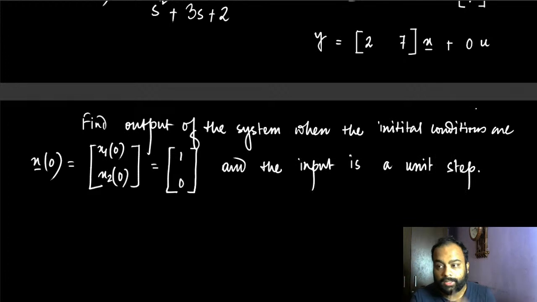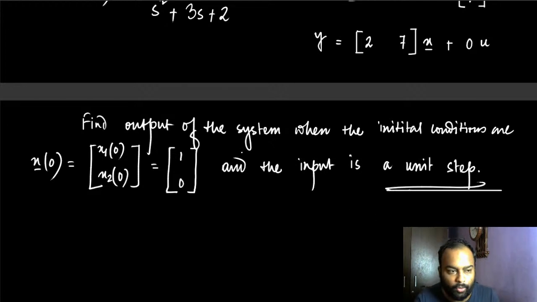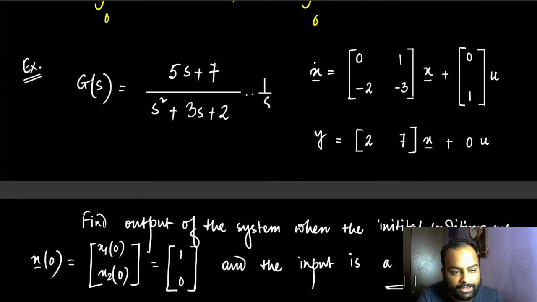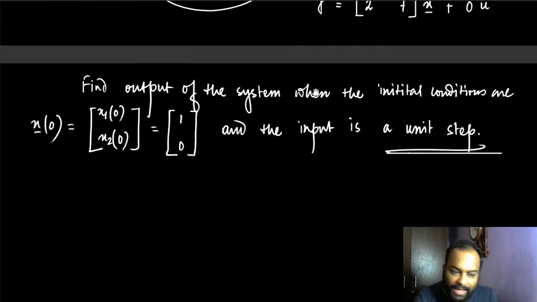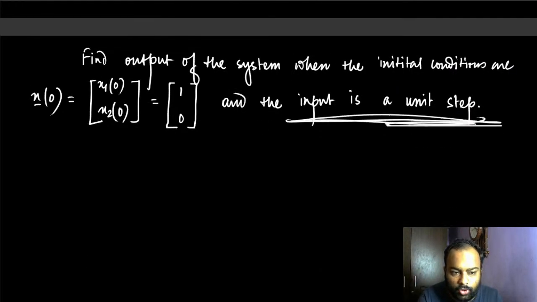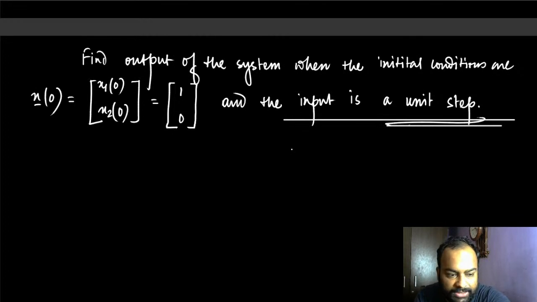Okay, so now notice very carefully once again that if I just want to calculate the output to this unit step input, all I need to do is to multiply this with 1 by s, which is the Laplace transform of the input, and take the inverse Laplace transform. That will give me the response to this unit step input.